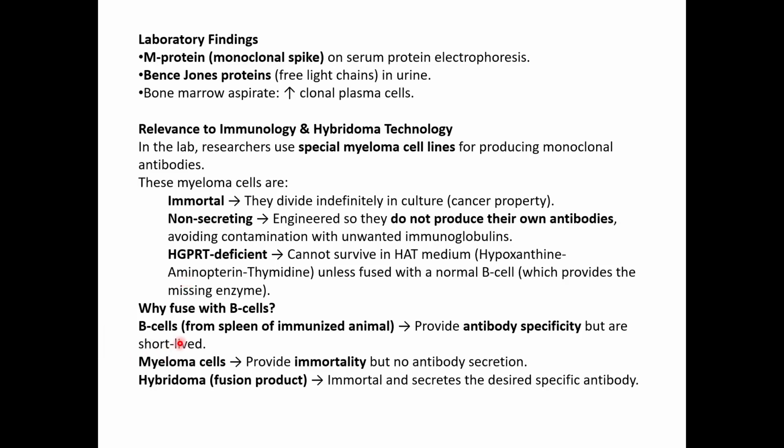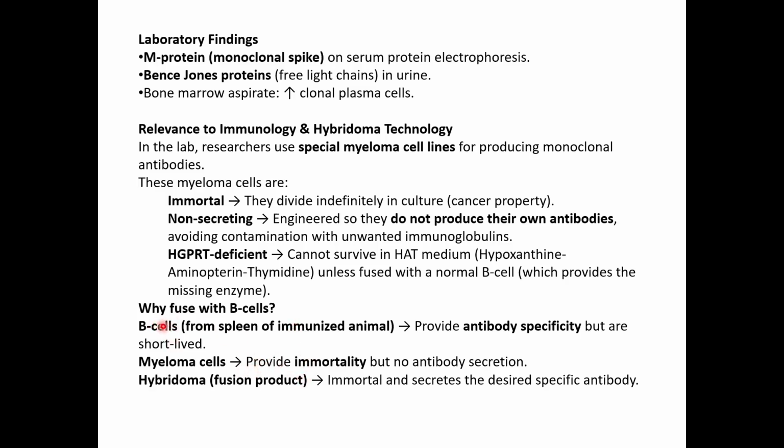So why fuse with the B cells? The B cells from the spleen of the immunized animals provide antibody specificity but are short-lived. Myeloma cells provide immortality but do not secrete antibodies because they are engineered that way. And then the hybridoma, the fusion product, is both immortal and has the ability to secrete antibodies from the B cells.